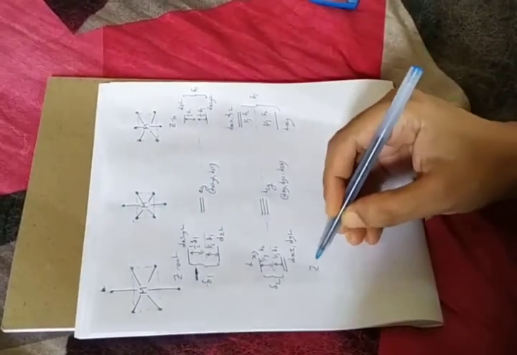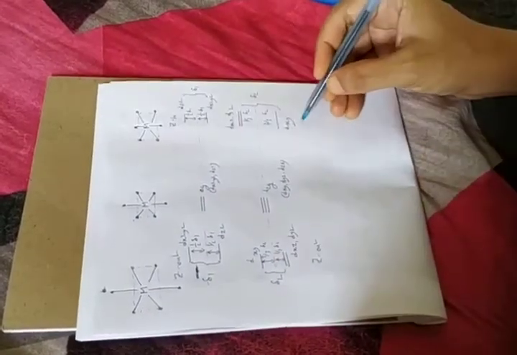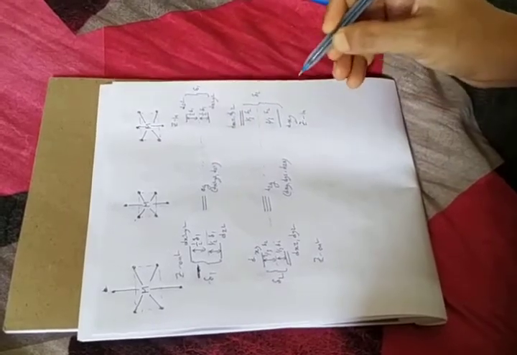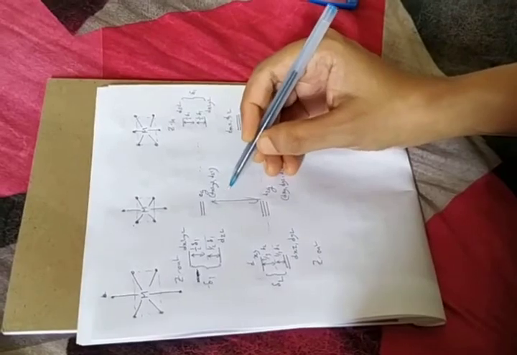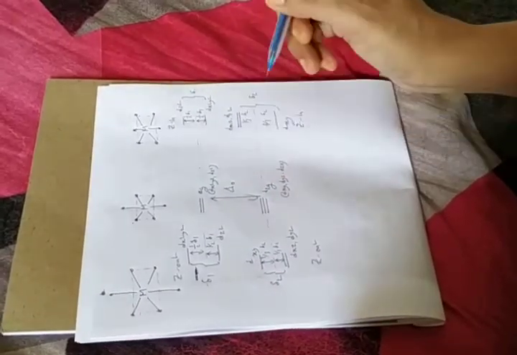So this is for z-out Jahn-Teller distortion, this is for z-in Jahn-Teller distortion, and this distance is delta of the diagram. Okay.